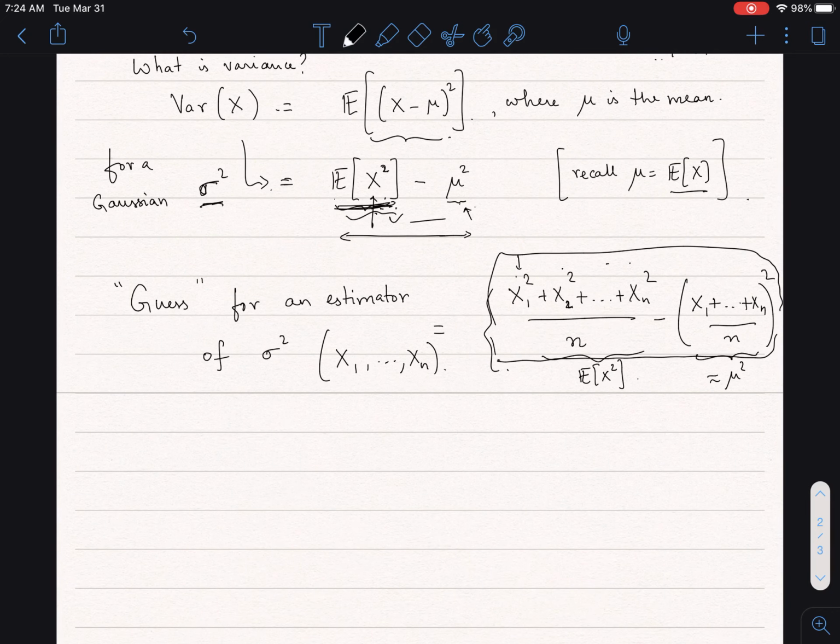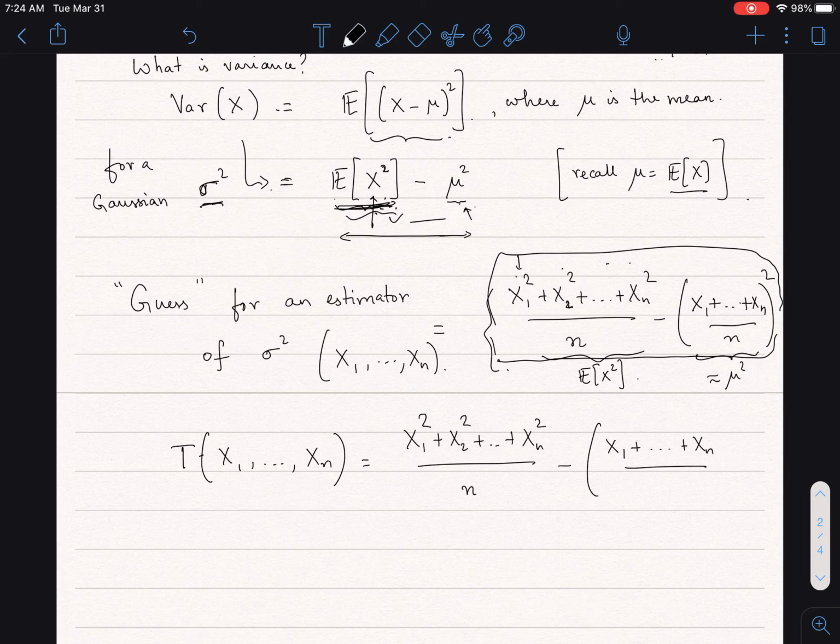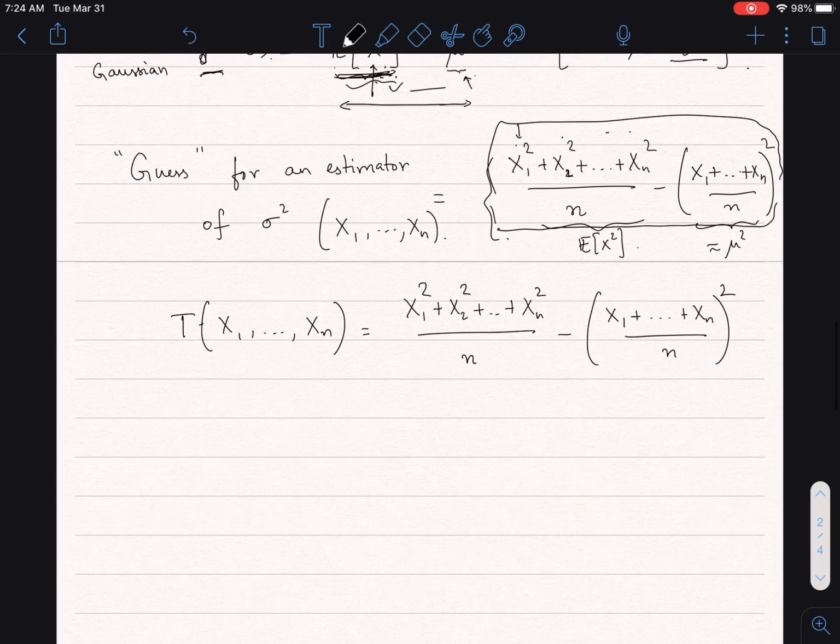Let's define T(x1, ..., xn) to be equal to (x1 squared plus x2 squared plus ... plus xn squared) by n, minus ((x1 + ... + xn) by n) whole squared. The reason I'm writing it like this is that this is simply a function of your samples x1 through xn, and it is reasonable to guess that this estimates the variance.